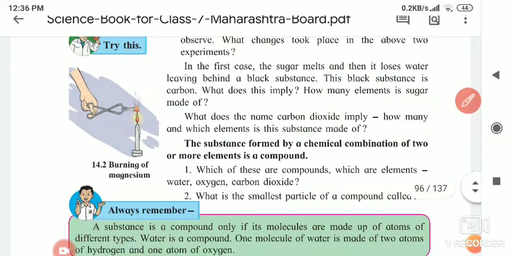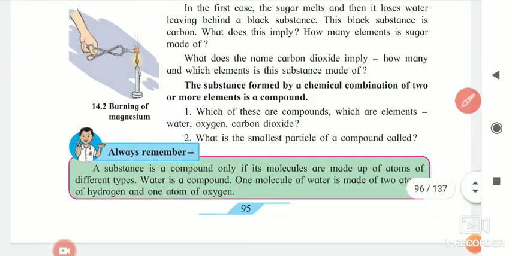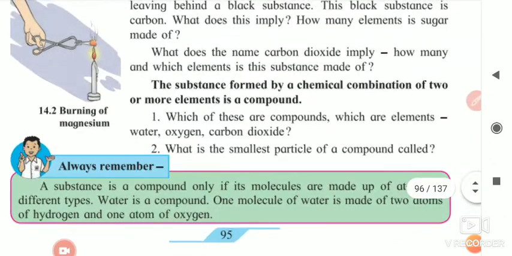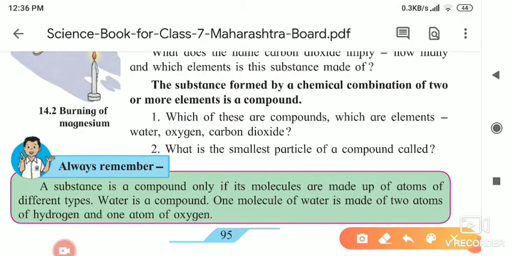The substance formed by chemical combination of 2 or more elements is a compound. Just now I told you. One example we saw is C12H22O11.